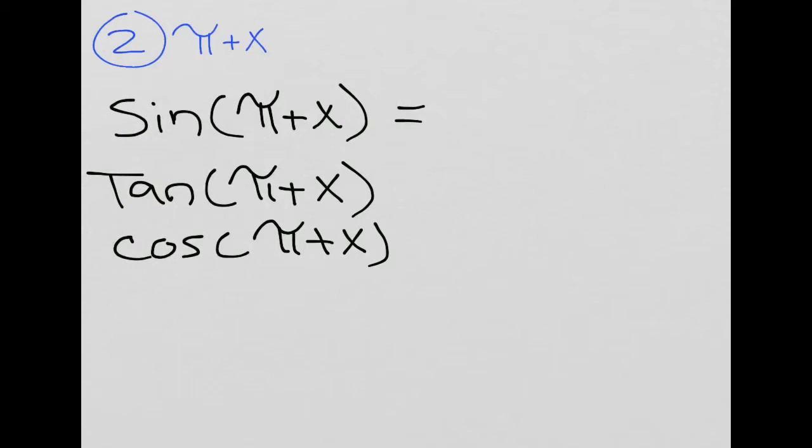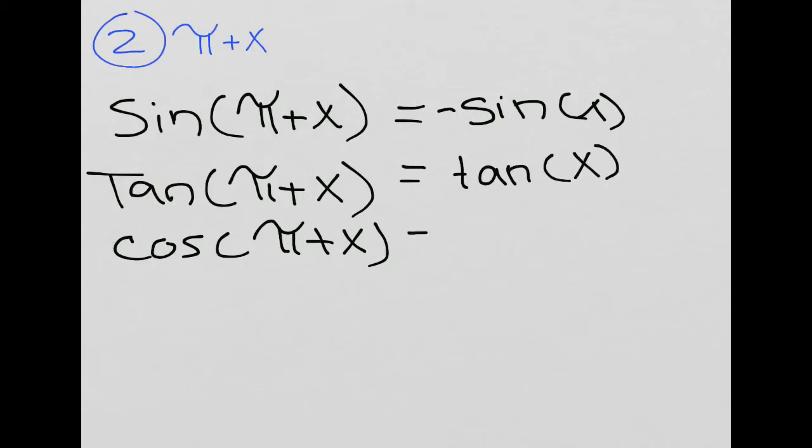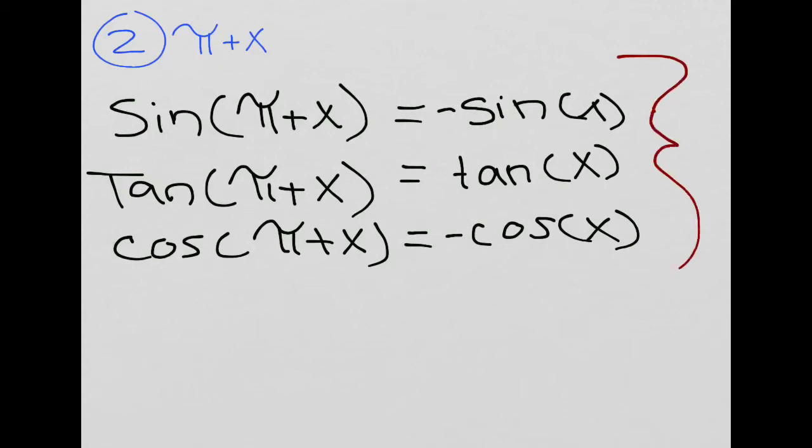In the third quadrant, sin is negative using the CAST rule. We also know tan is positive in the third quadrant, so it just looks like that. And using the CAST rule, we know that cos is negative in the third quadrant, so it would be like this.